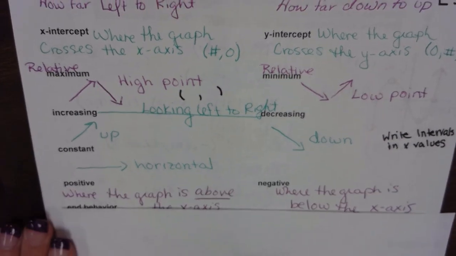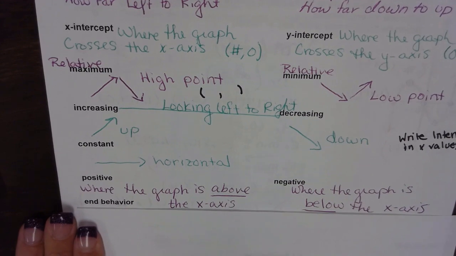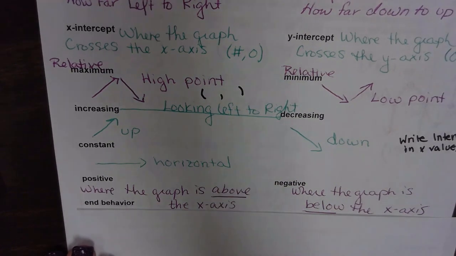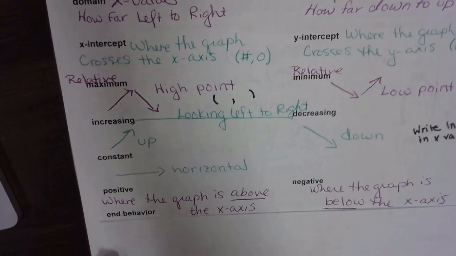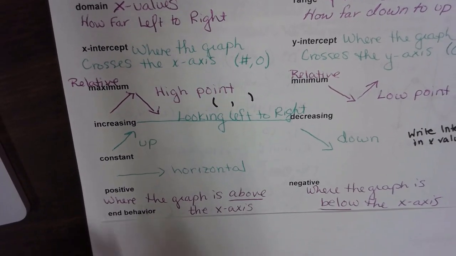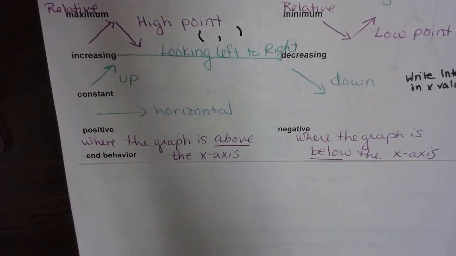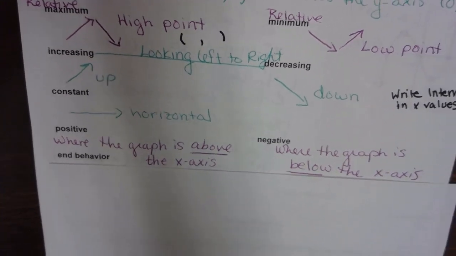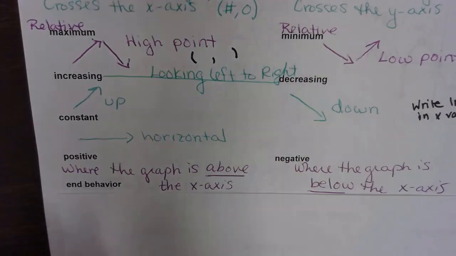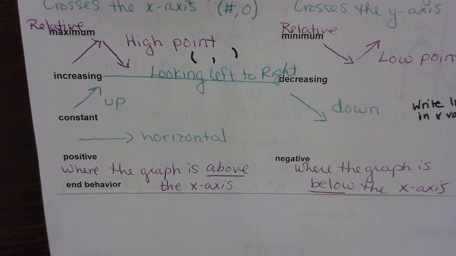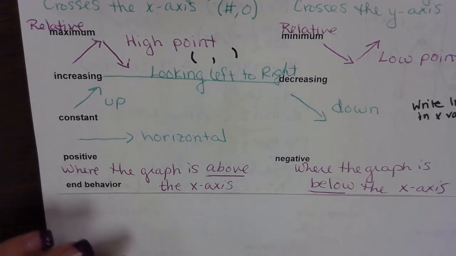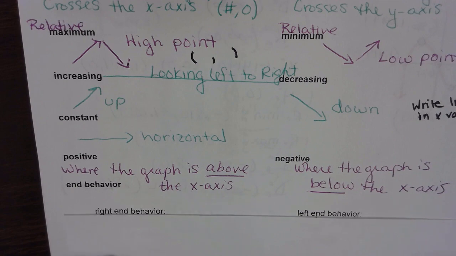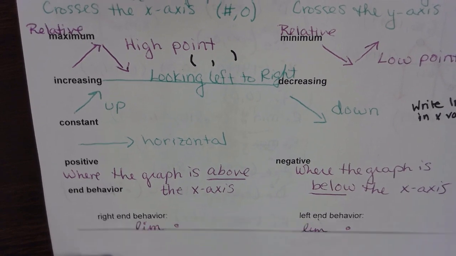Okay, positive and negative. So positive is where it's above the x-axis, and negative is where it's below the x-axis. Lots of times I would circle where it's above, where it's below. End behavior, we've done end behavior earlier this year.